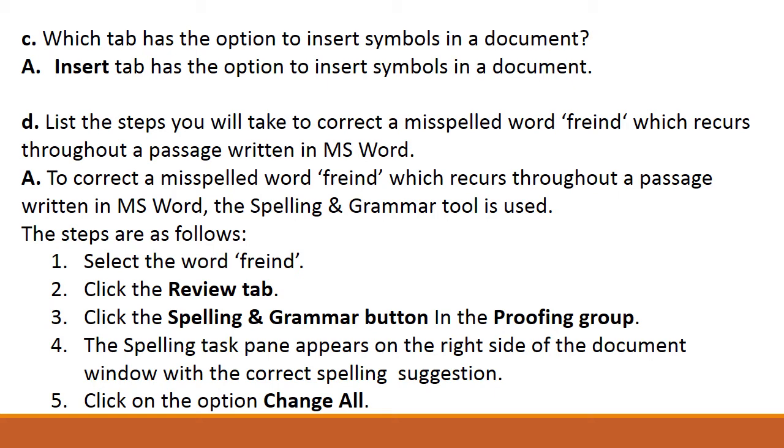That means we are going to use the spelling and grammar tool to correct our wrong spelling. And the steps are: select the word friend, click the Review tab, click the Spelling and Grammar button in the Proofing group. Spelling task pane appears on the right side of the document window with the correct spelling suggestion. Click on the option Change All.